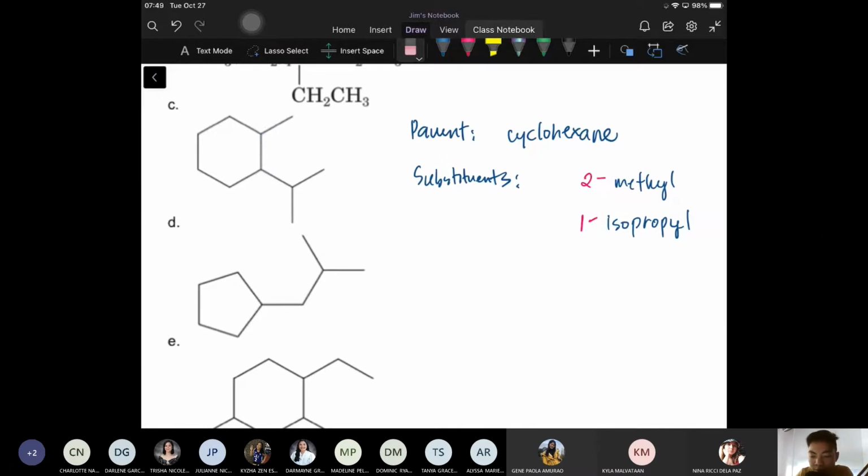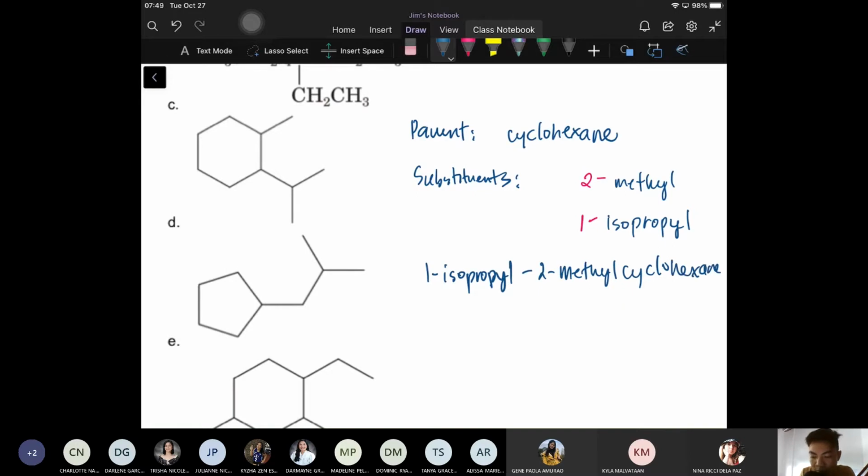Okay, so let's construct the name, no? Pagsamasamahin na natin yung idea ng substituent and our parent chain. So your parent chain will come last, no? Sa dulo natin yan ilalagay. Yung substituent, i-add natin siya. So who will come first? Still alphabetical pa rin yung arrangement, no? So that will be 1 isopropyl dash 2 dash methyl cyclohexane.